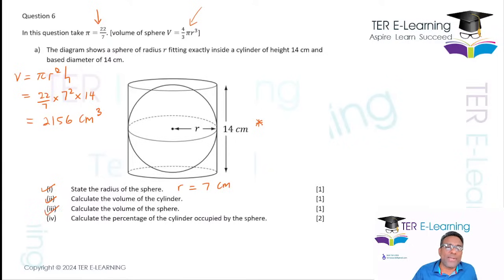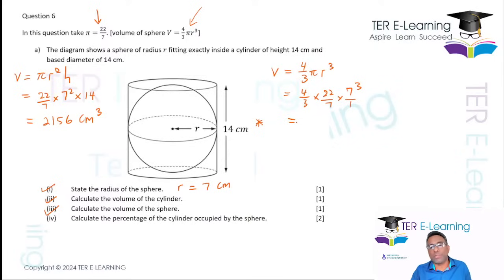We need to calculate the volume of the sphere now, that's the ball on the inside. They gave us the formula. It is 4/3 pi r cube. In this case, it'll be 4/3 multiplied by 22/7 multiplied by the radius cube. The radius in this case we know was 7, so this is 7 cube over 1.